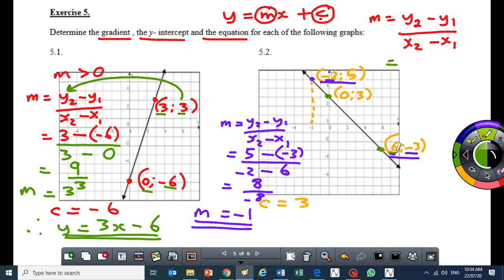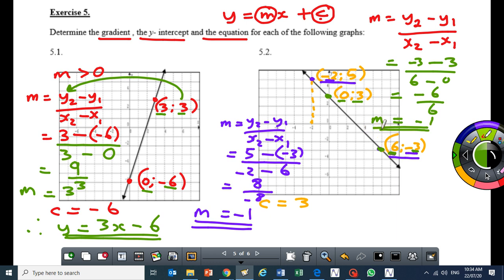So that's my x2, and this will be my y2. So I'm going to have minus 3 minus that 3, all over my x2, that's 6, minus 0. Minus 3 gives me minus 6 over 6, and that will give me minus 1. So my m is equal to minus 1.